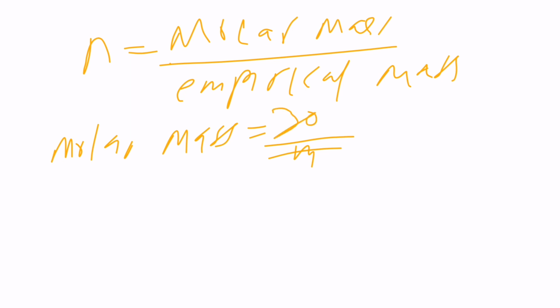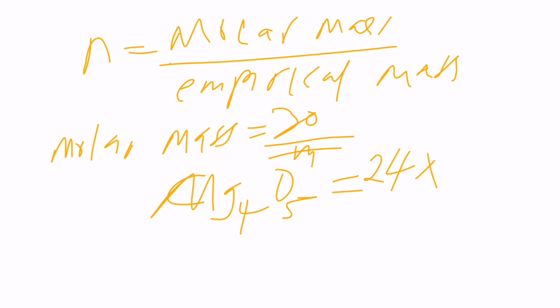Now for the empirical mass, you just need to calculate it from the formula, like Mg4O5. How do you calculate the empirical mass? You go on the periodic table and find that Mg is 24.